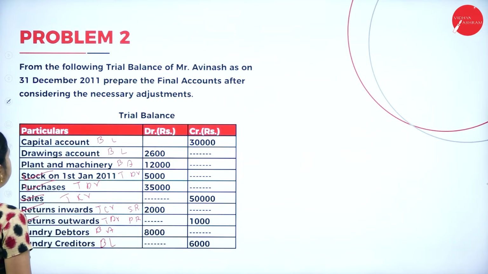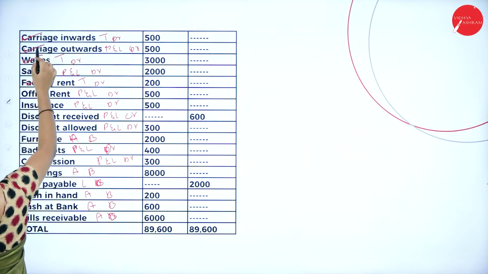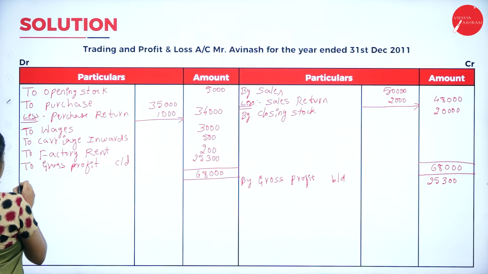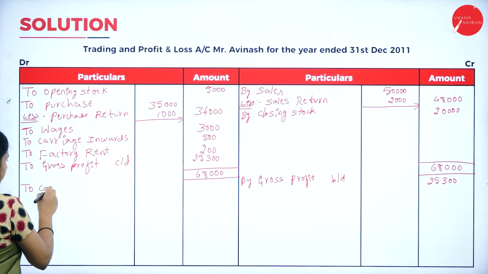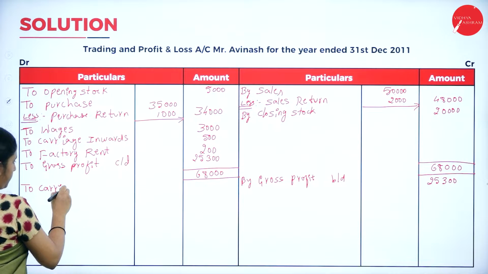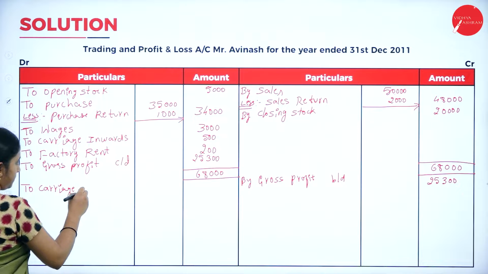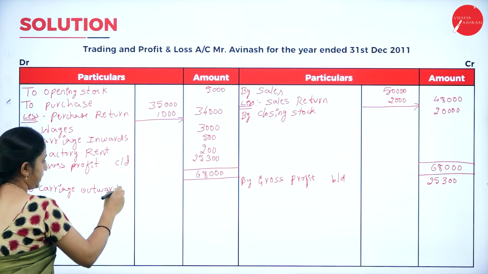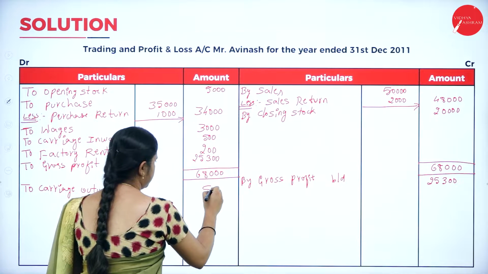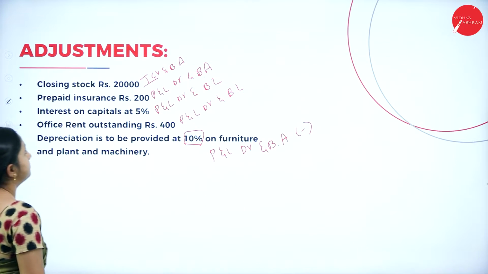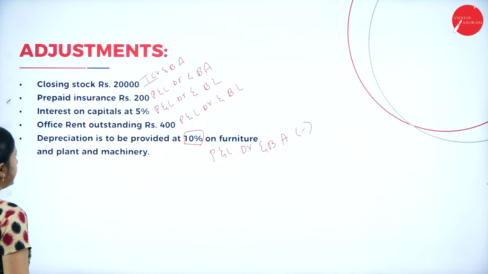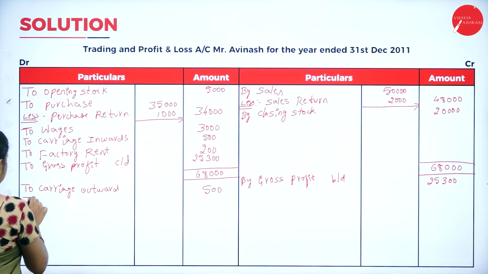Now consider all the profit and loss account items. Carriage outward 500. To carriage outward 500. Next, salary 2,000. To salaries 2,000.